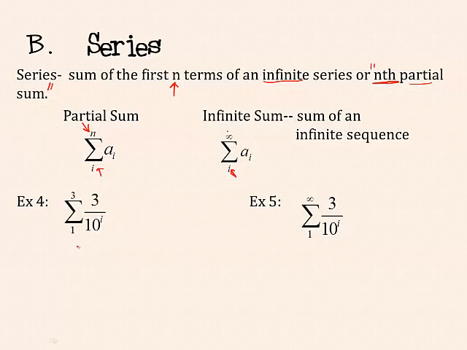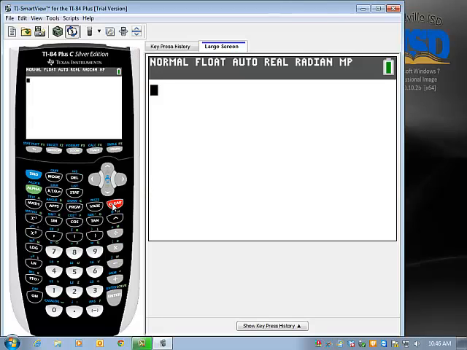On example 4 here, let's type this in the calculator. And you'll get the partial sum because it has a definite beginning and ending. For this partial sum, we're going to walk through the same steps. Go math, 0, get your sigma, and we're going to put in x equals 1 on the bottom. And on top, it had a 3.